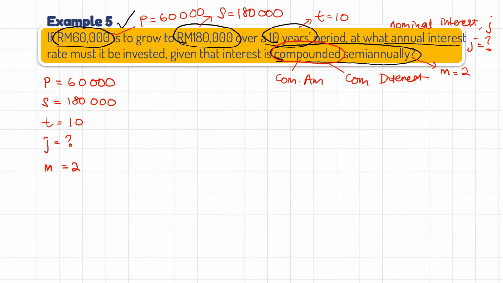The formula for compound amount is S equals to P 1 plus I to the power of N. Let's express our I. Our I is equals to J over M. Means that I will be equals to J is the one that we need to find, and M is equals to 2.